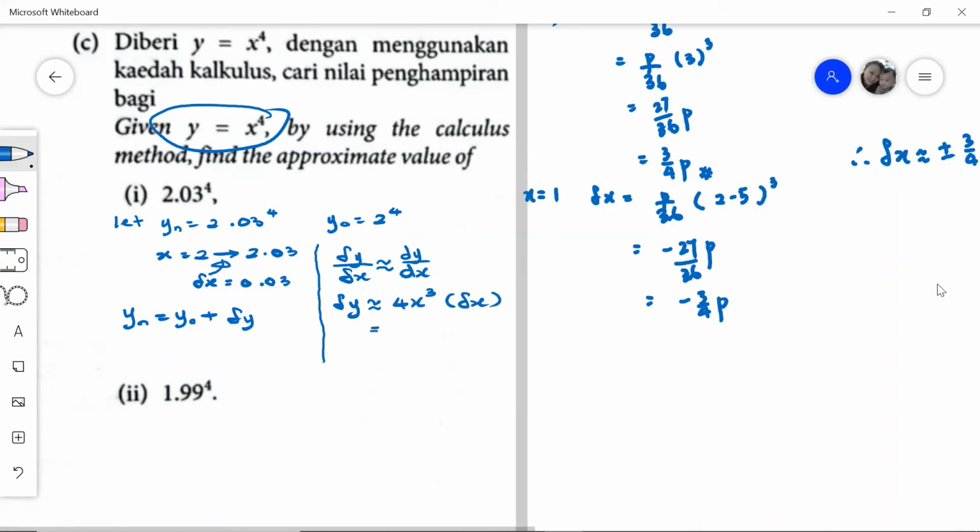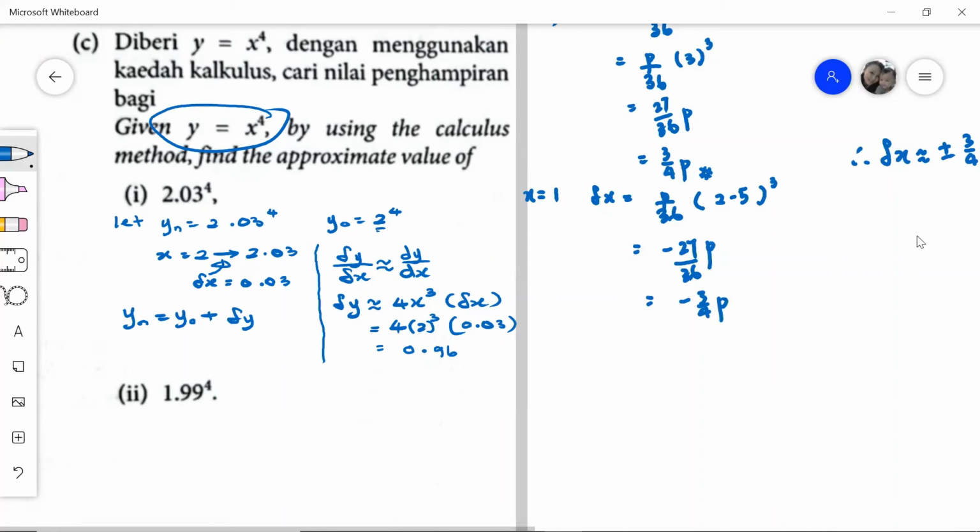In this case, the x that we are referring to is 2. So let's put the 2 in: 2 to the power 3 times delta x. The delta x is 0.03. So over here, we have 32 times 0.03, so that will be 0.96.